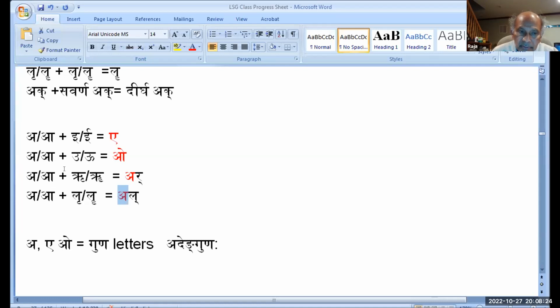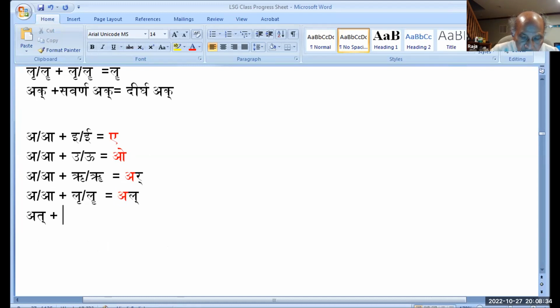What is happening is, when At is added to an Ik, these are all Ik vowels, E, U, Ru, Lu, then what happens is, you get a guna.